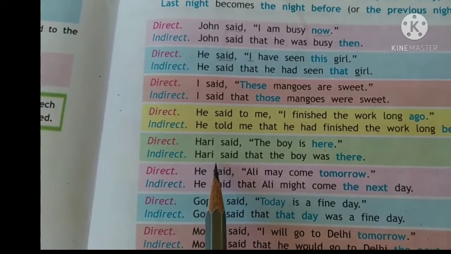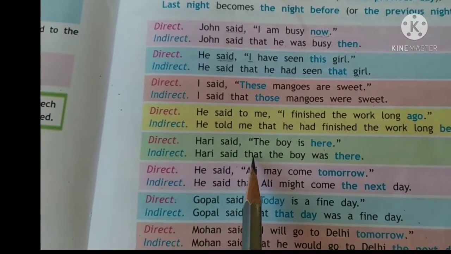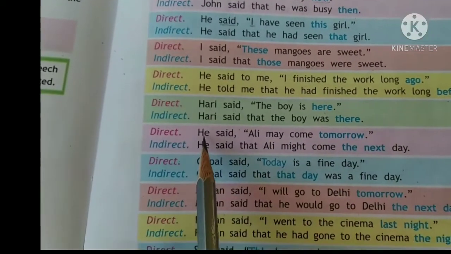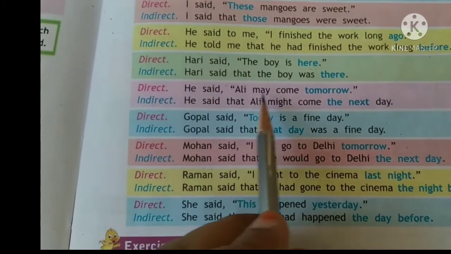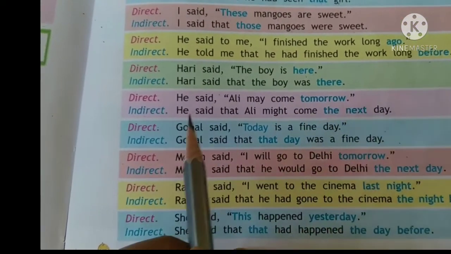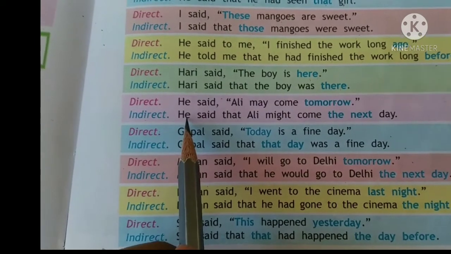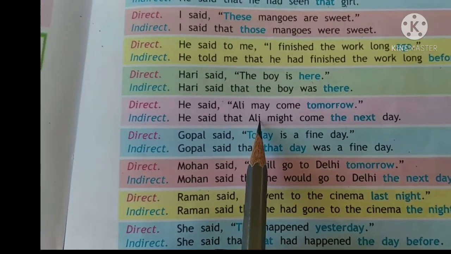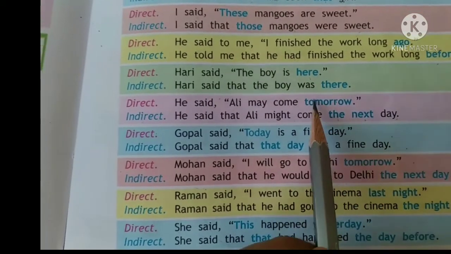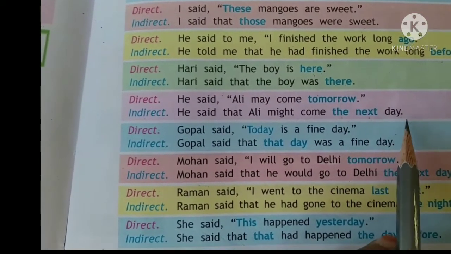So in indirect it will be Hari said that the boy was there. He said, Ali may come tomorrow. So this will be in indirect, he said that Ali might come the next day. Tomorrow will become the next day.